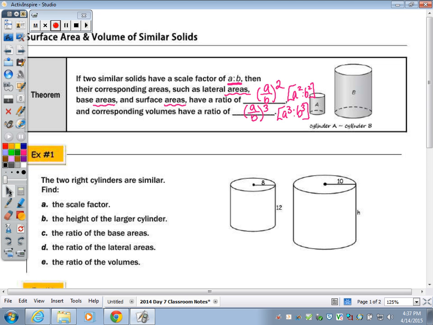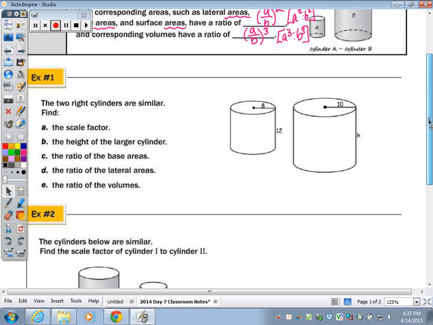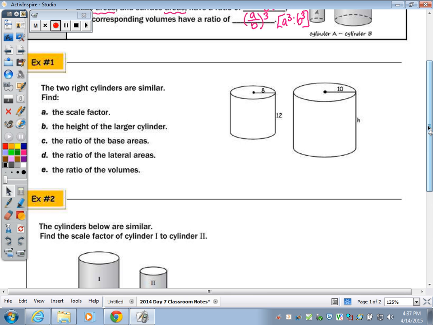So in example 1, it says that the two right cylinders are similar. We can call this cylinder 1 and cylinder 2, they are similar. So that means that they have equal ratios between their corresponding radii and corresponding altitudes.